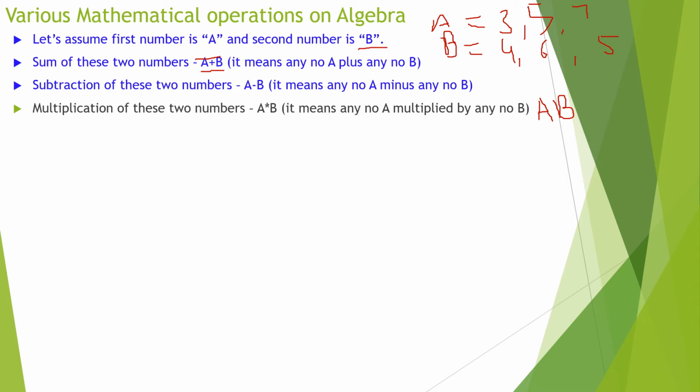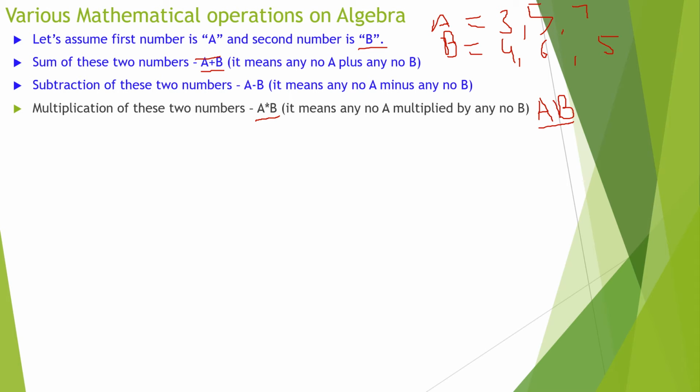If between any two symbols we do not have any sign, by default it means a multiplication sign. So either we can write A into B or AB, both have the same meaning.